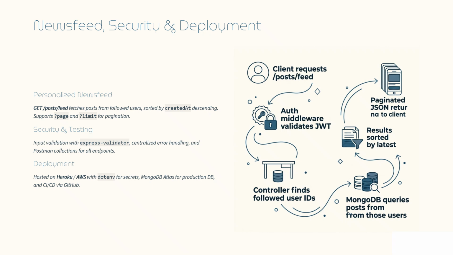Security measures include JWT, password encryption, validation, and centralized error handling. The API can be deployed on platforms like AWS using MongoDB and environment variables for production configuration.